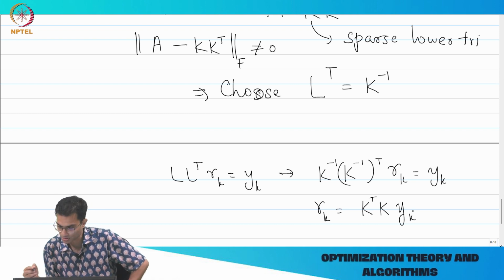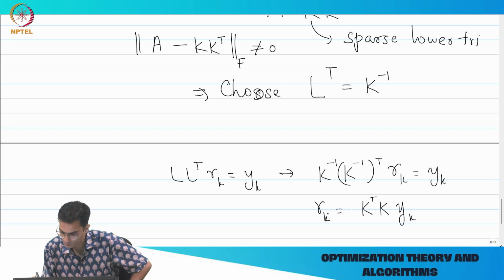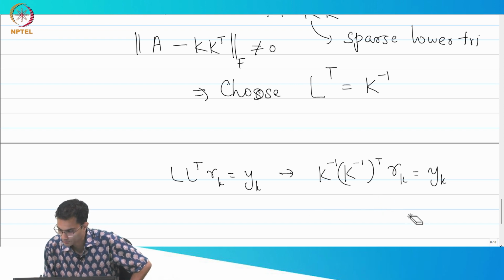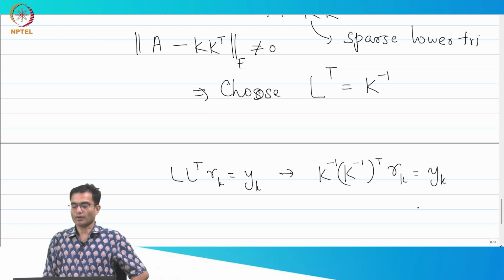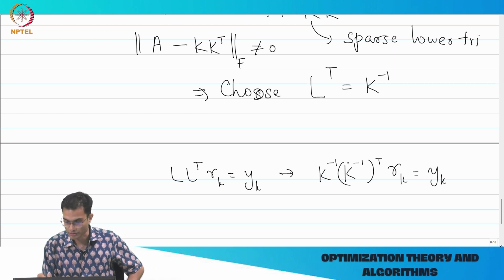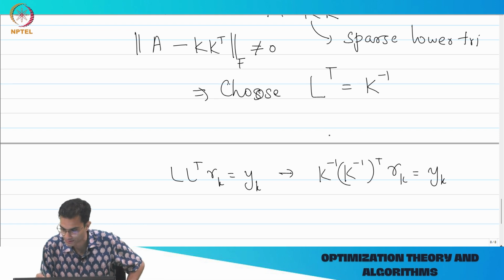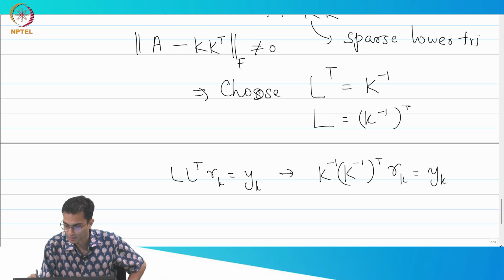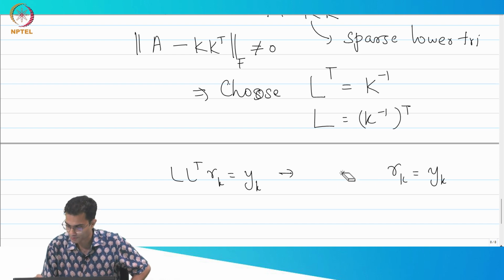Or did I get one transpose wrong? Is this expression correct? Oh, sorry, this is what is wrong. L is actually K inverse transpose, right? So this is where I made the mistake.